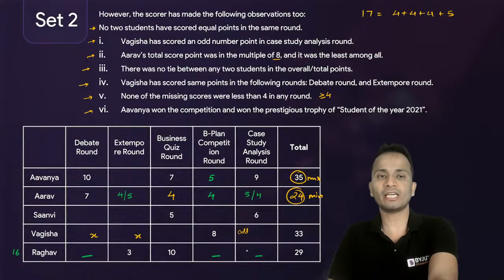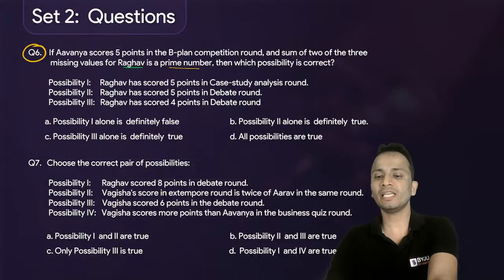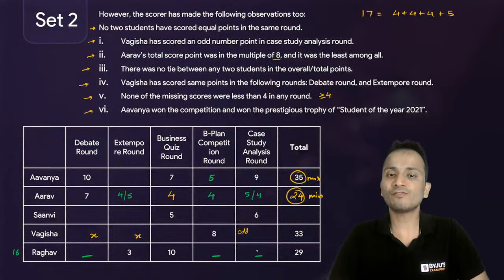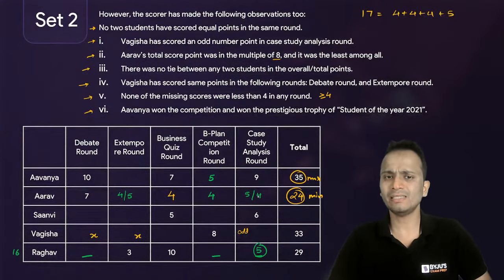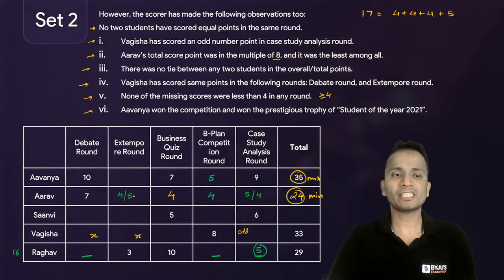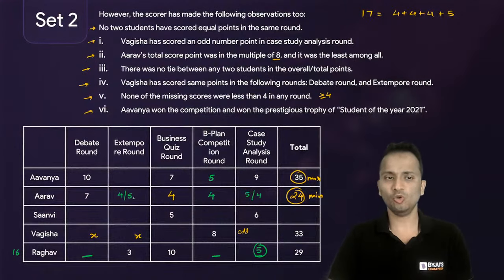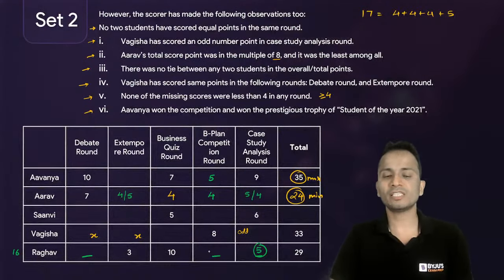So let's check out the possibilities. Possibility 1: Raghav has scored 5 points in case study analysis. Can Raghav score 5 points? If Raghav scores 5 here, Arnav can score 4 in the case study analysis, no problem at all. And in extempo round, Arnav will score a 5. Now, for Raghav, the sum of any 2 of them should be a prime number.